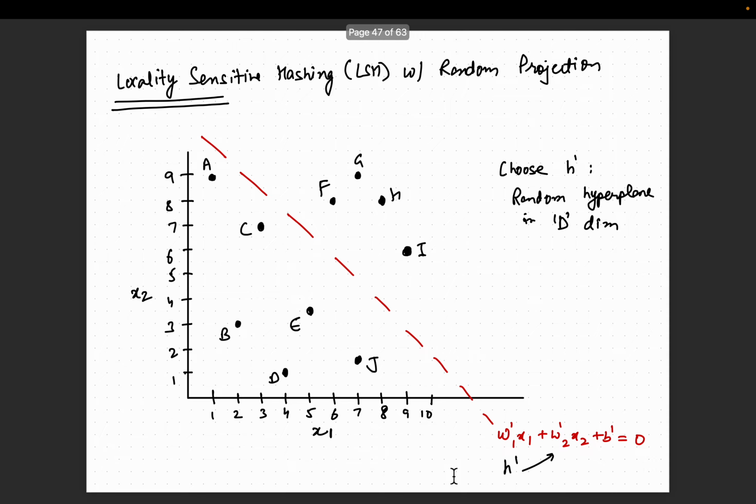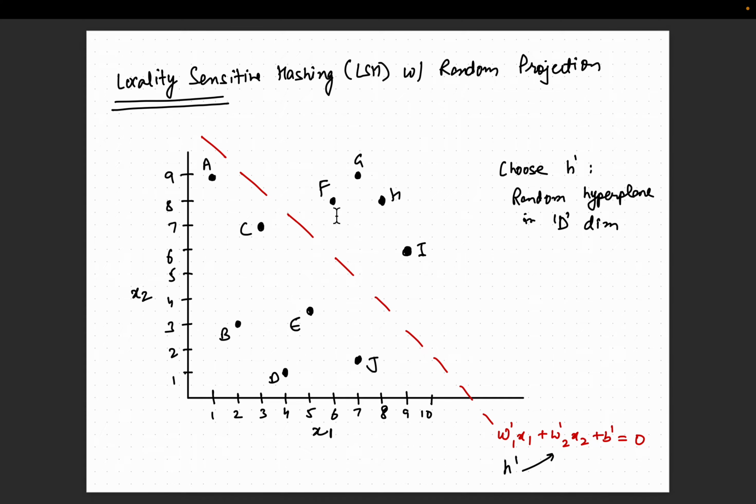So let me pick up any hyperplane in this dimensional space. The equation of the hyperplane would be summation wi xi plus b equal to 0. Right? So I pick up one such plane, and can you see that this plane is dividing the data points into two subgroups, one which are above this and one which are below this.